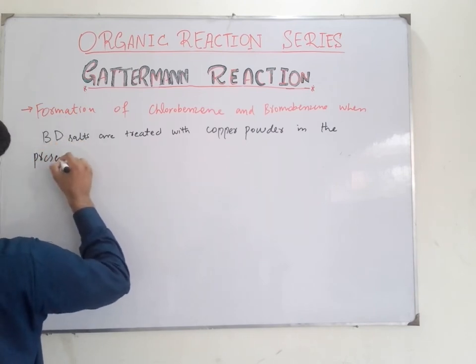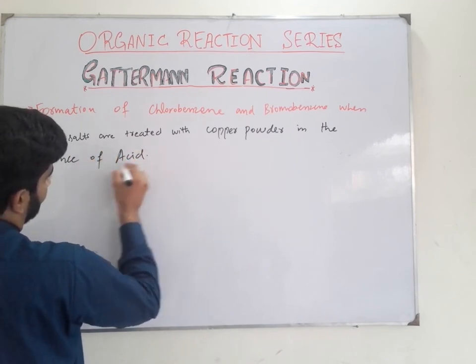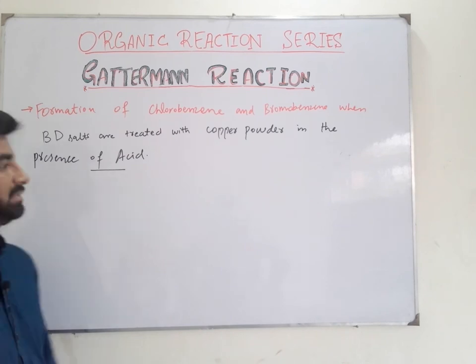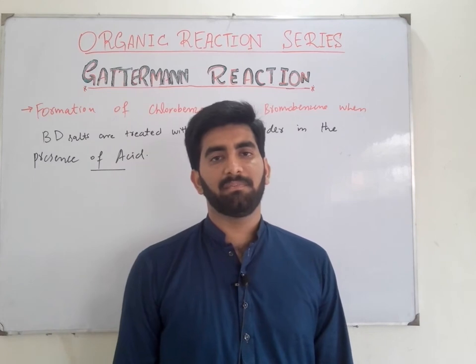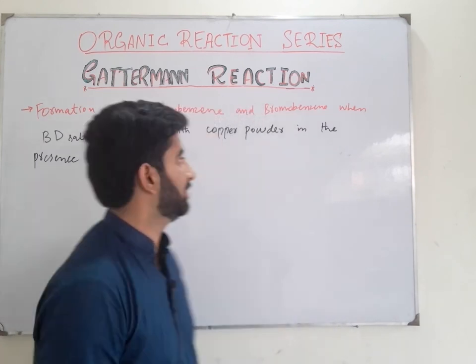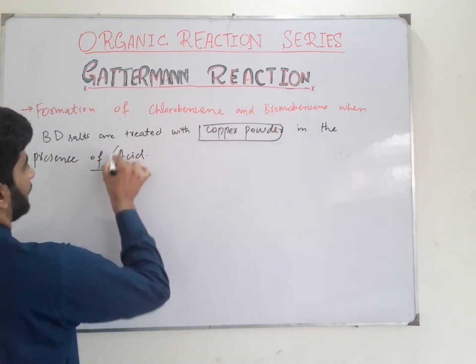What is the Gattermann reaction of diazonium salt? It is a reaction in which chlorobenzene and bromobenzene are formed when the benzene diazonium salt is treated with copper powder in the presence of acid.